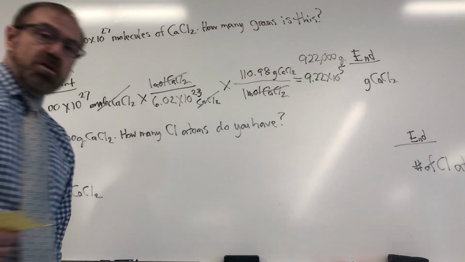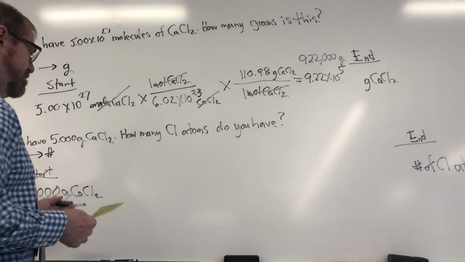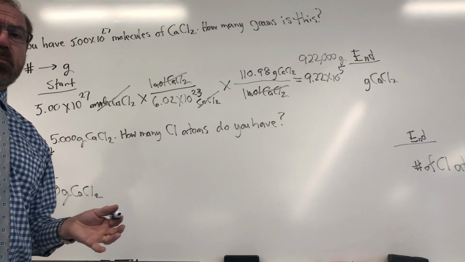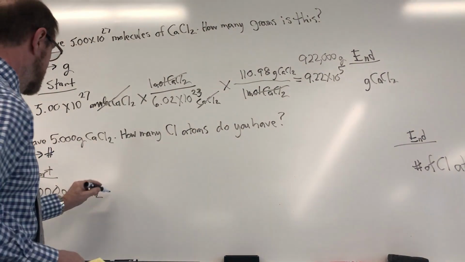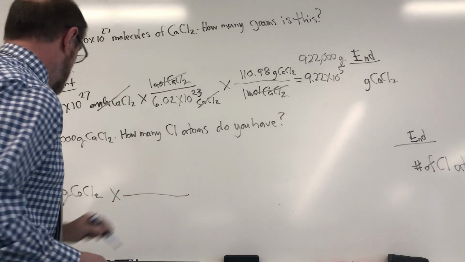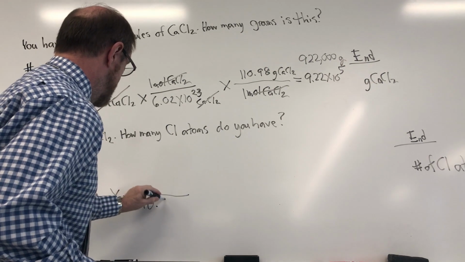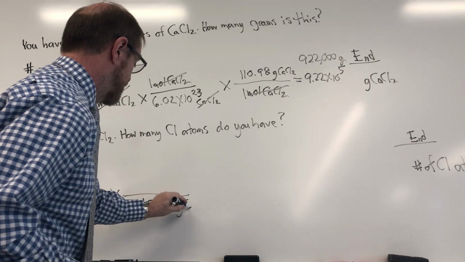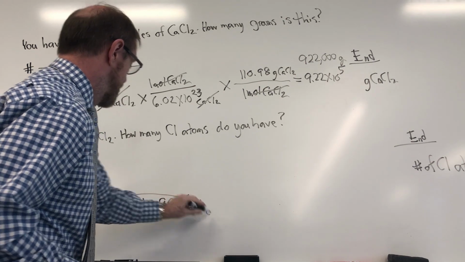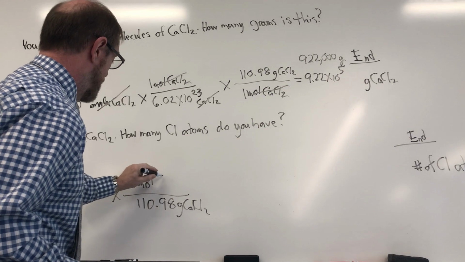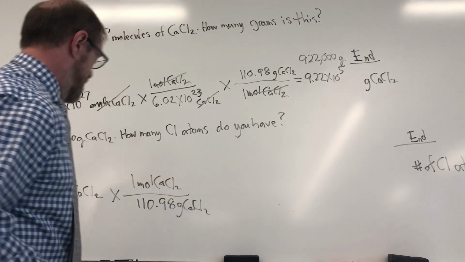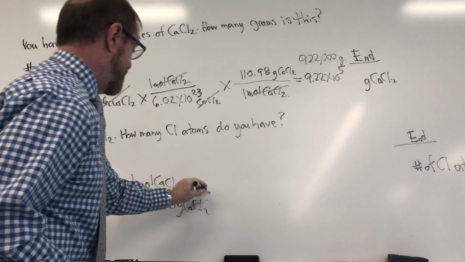Okay, so again, how do we go from grams to number of atoms? I don't know, but I do know how to go from grams to moles. So let's look at that first. We're going to divide by the molar mass: 110.98 grams of calcium chloride equals 1 mole of calcium chloride. So our grams of calcium chloride will drop out.